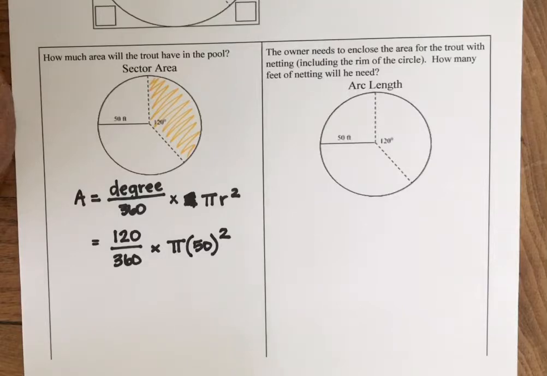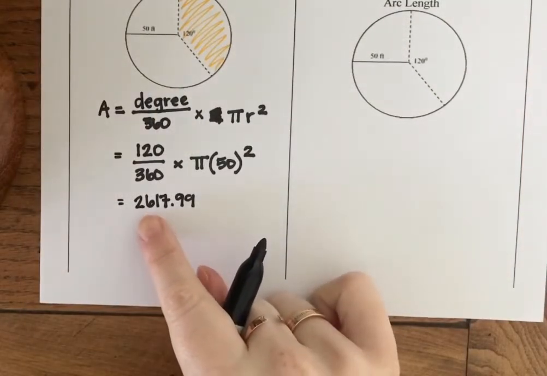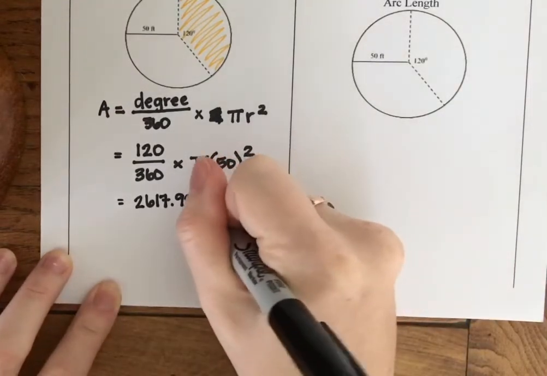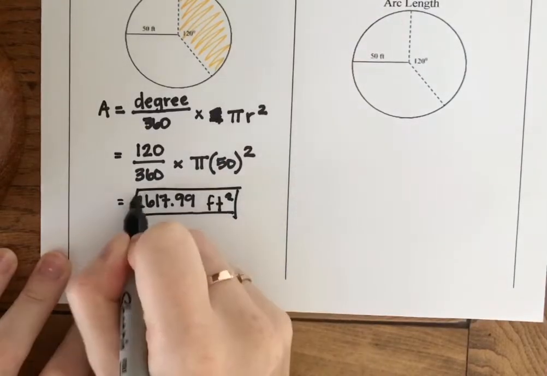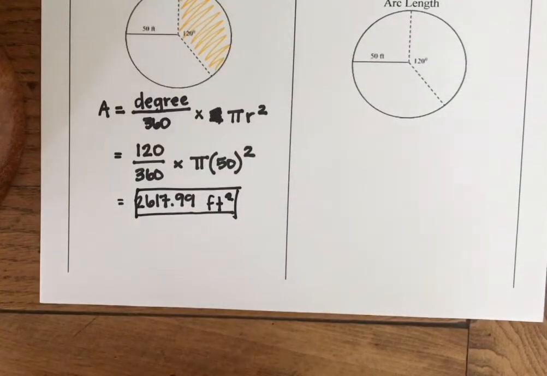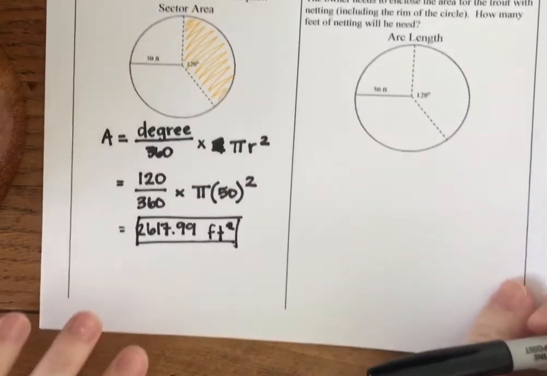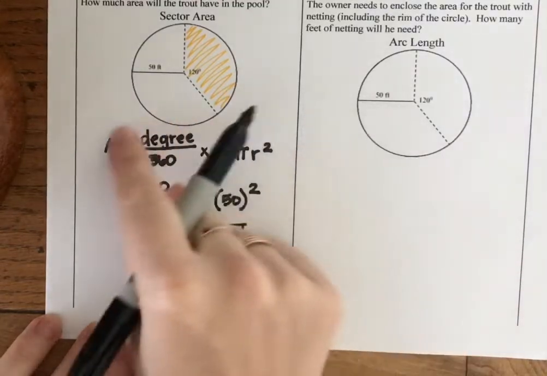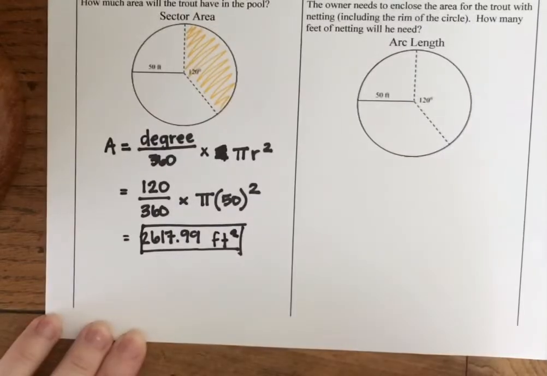When I plug that in my calculator, I get 2,617.99. And because this is area, it would be feet squared. For any sector, it doesn't matter what the angle is or what the radius is, we're always going to plug into this equation: degrees over 360 times pi r squared.